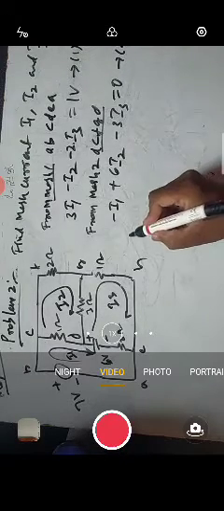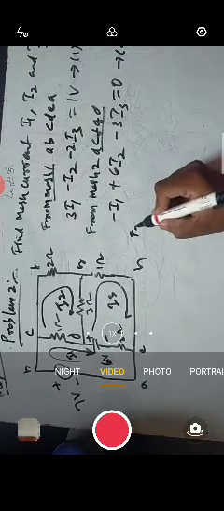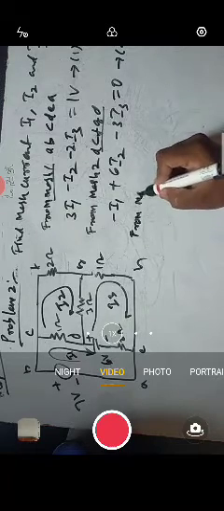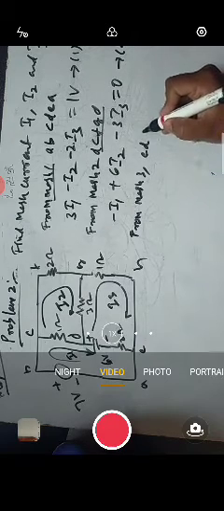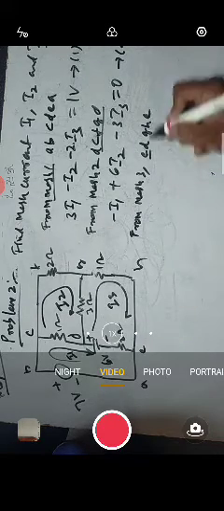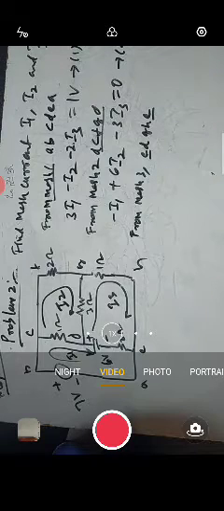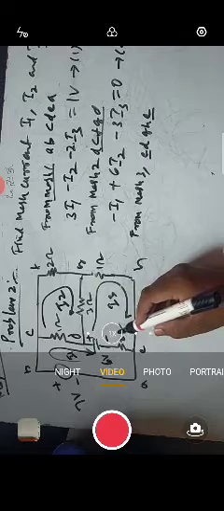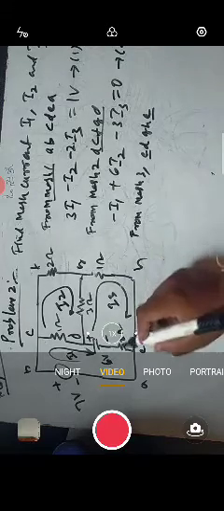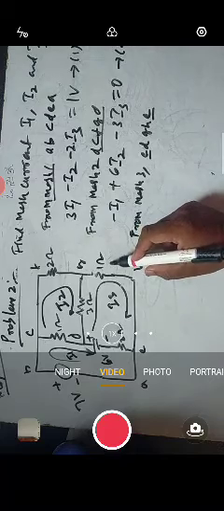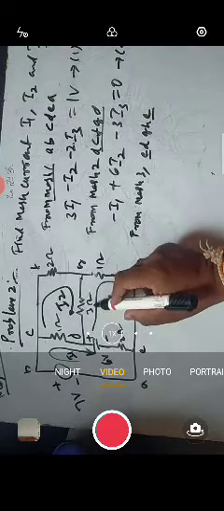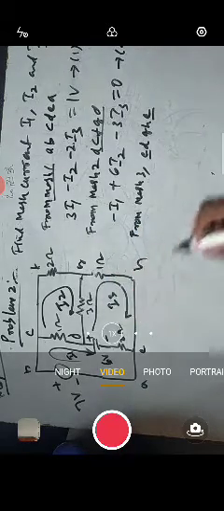And from mesh 3, what is that? E, D, G, H, A. Where I start, I should end there only. See here, this 2 ohm belongs to mesh 1, and 3 plus 1, total 7 belongs to mesh 3, and this 3 ohm belongs to mesh 2.